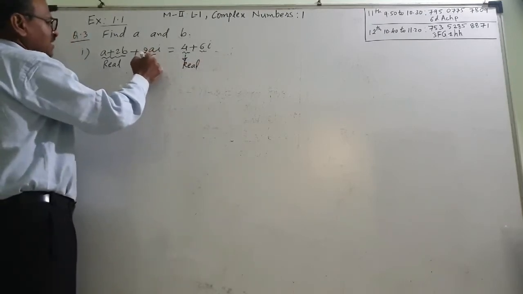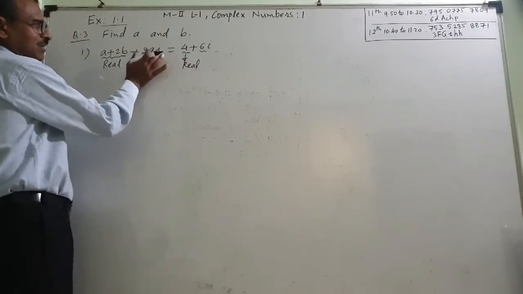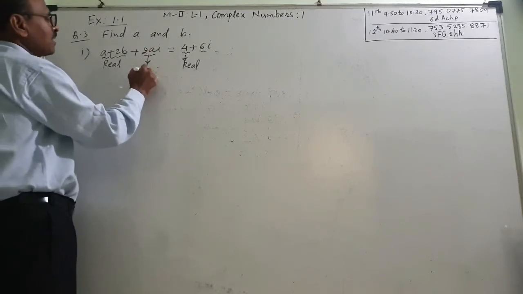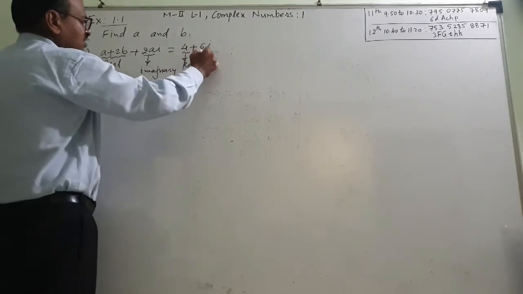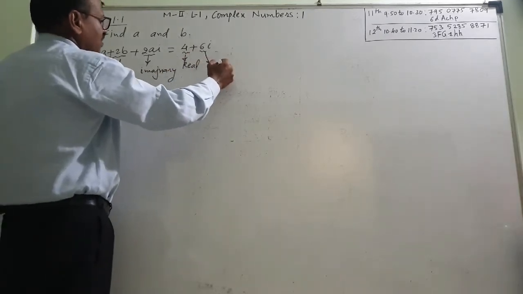This much is imaginary, leave this i, and 2a is the imaginary part. This 6 is the imaginary coefficient.